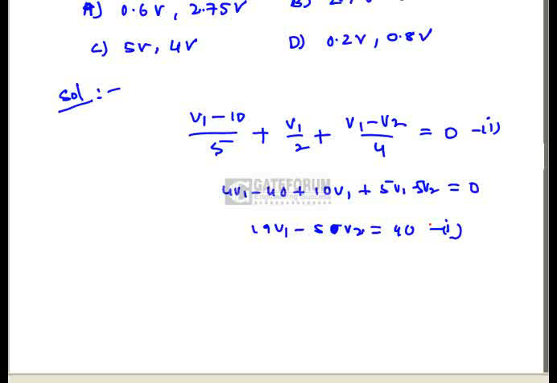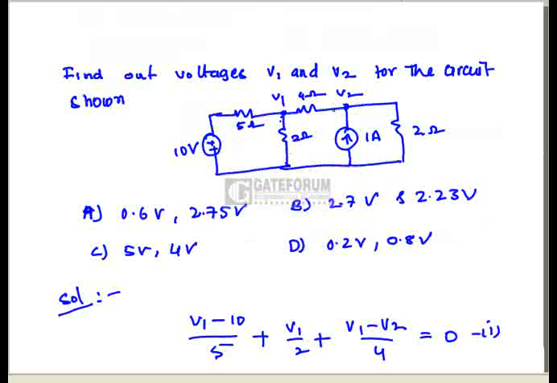Again I am writing. Now for the second equation, we apply nodal analysis here. The current through this branch is (V2 minus V1)/4, because our node voltage is always greater than another node voltage, then only the current will be outgoing. That's why (V2 minus V1)/4 and V2/2, and the current 1 ampere is incoming, that's why we take minus 1.